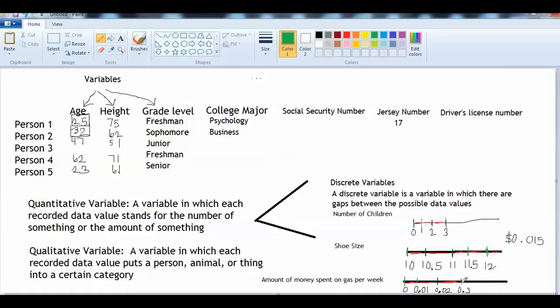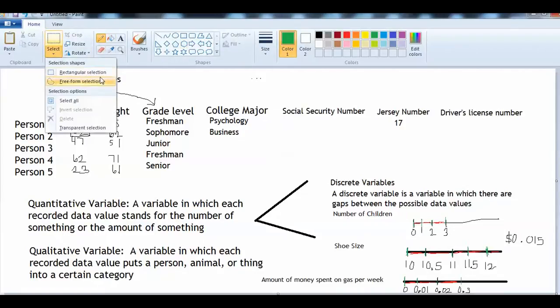Amount of money spent on food per week would also work the same way. So these are discrete variables.